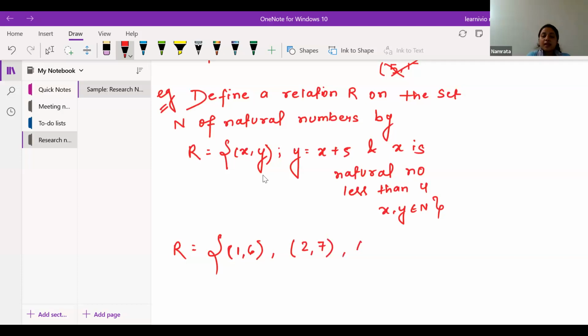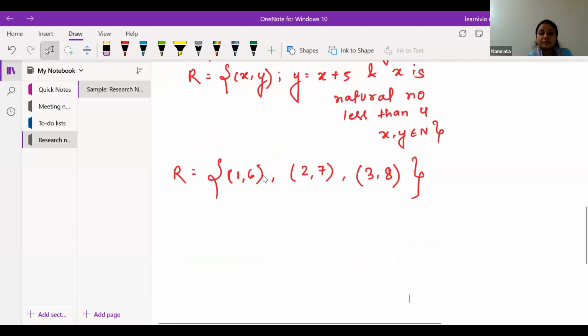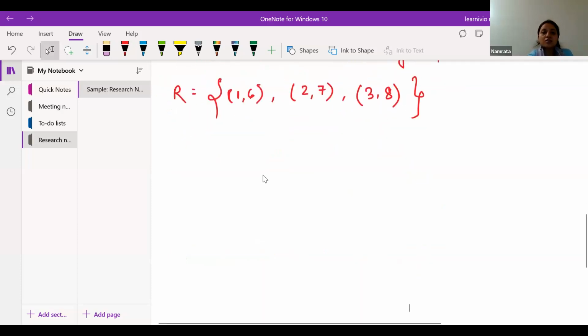Then x can be 3, and 8. Then x can be what? It has to be less than 4, so we cannot proceed. So 1, 2, 3 are the only natural numbers which are less than 4. So we are done. Let's do the next one.